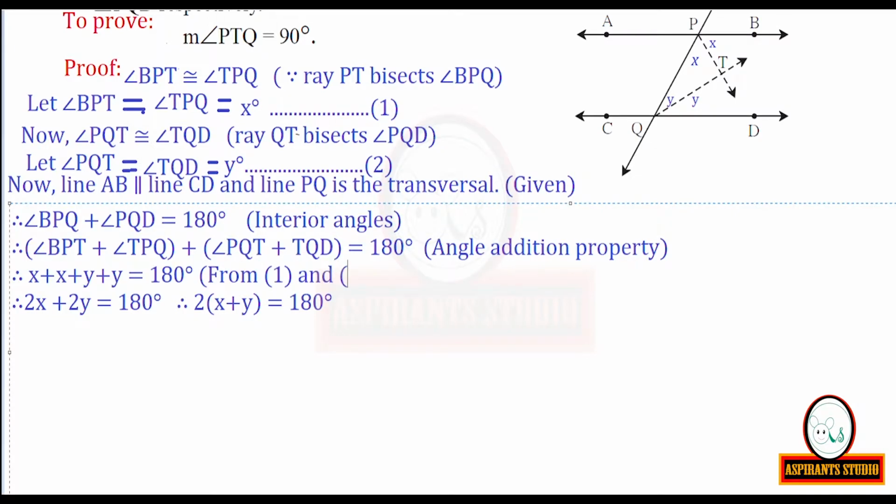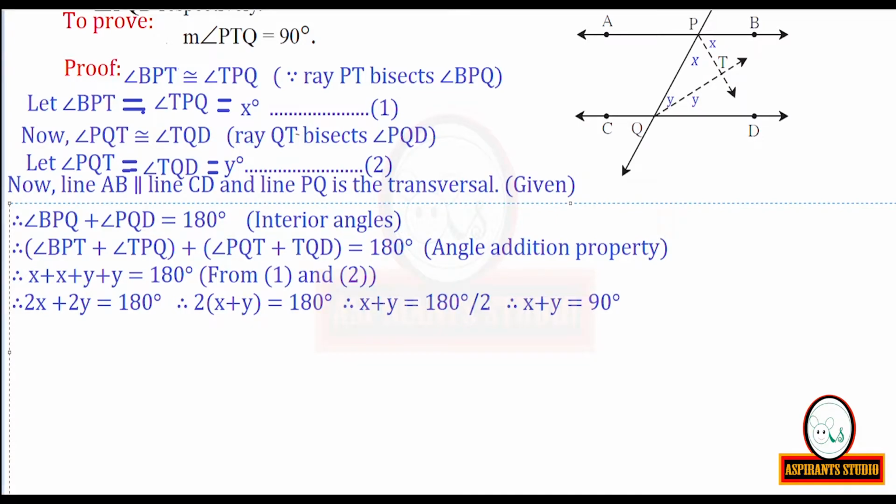Now, x plus x is 2x. y plus y is 2y. So you get 2x plus 2y is equal to 180 degrees. Take 2 common outside. When 2 is put outside the bracket, inside the bracket you will get x plus y.